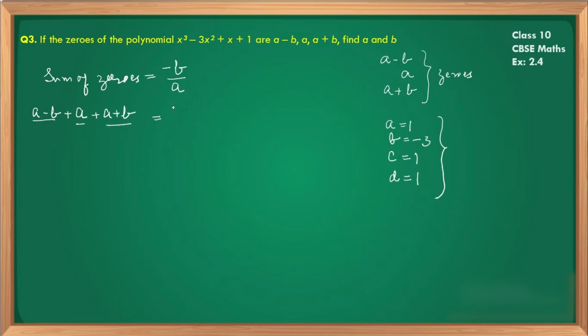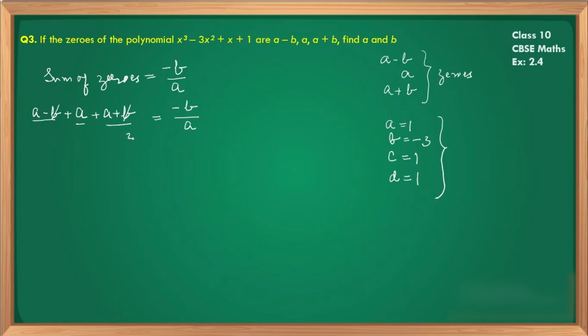Now that is equal to minus b by a. b is the coefficient of x square and a is the coefficient of x cube. Now we simplify this. Here minus b gets cancelled with plus b, and we have a plus a plus a.